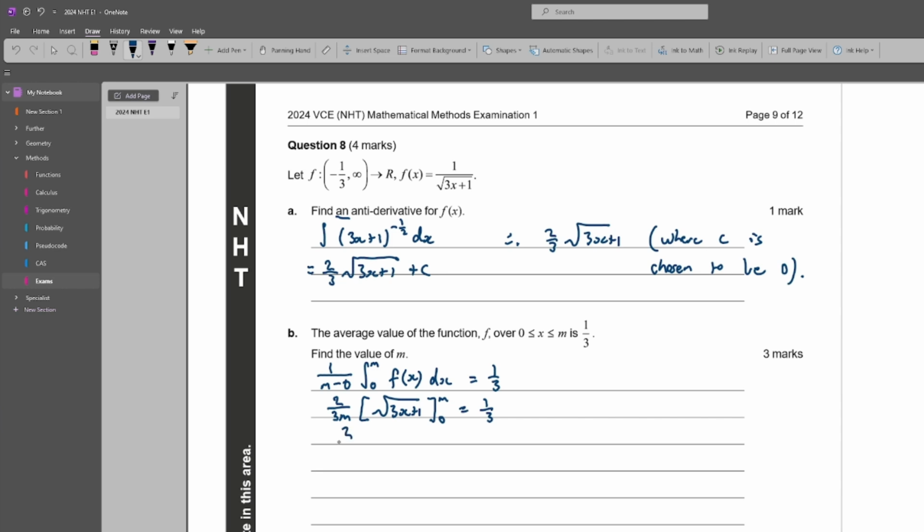Okay, 2 on 3m, subbing in m here, 3m plus 1. And then we'll have minus, subbing in 0 here, will not make this 0, it'll make it the square root of 1, which is 1. Still equals 1/3.